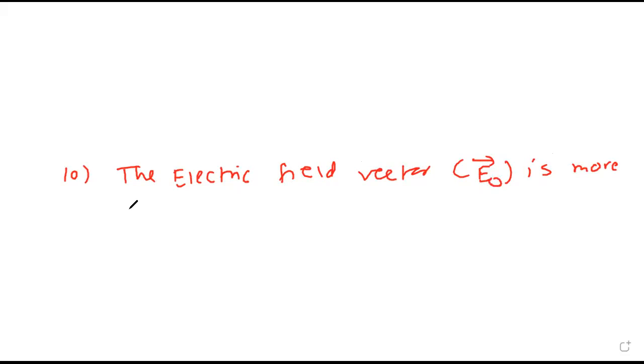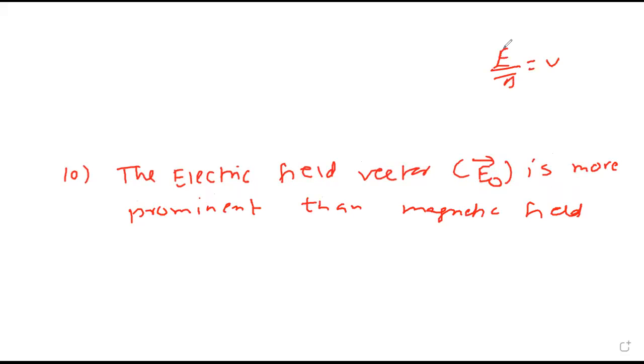So E naught bar is more prominent, meaning its value is more, than magnetic field vector, because see E upon B is velocity and velocity is 3 into 10 raised to 8 in air, meaning numerator is greater. So electric field vector is more prominent than magnetic field vector, which is B naught bar, in magnitude and direction.